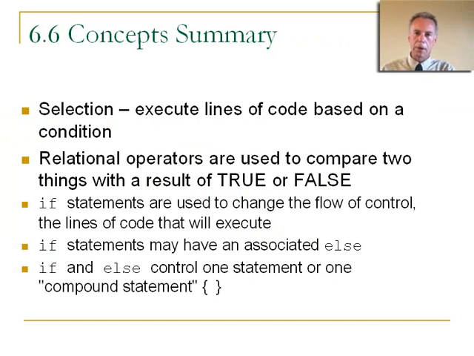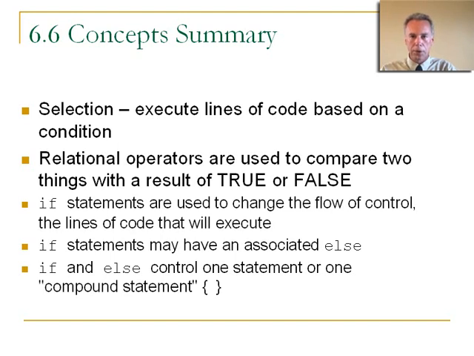Okay, let's review the concepts that we've covered in this segment on selection. Selection is when we want to execute some lines of code and not others based on the veracity or the truthness of a condition. We express conditions, conditional expressions, or relational expressions using relational operators.